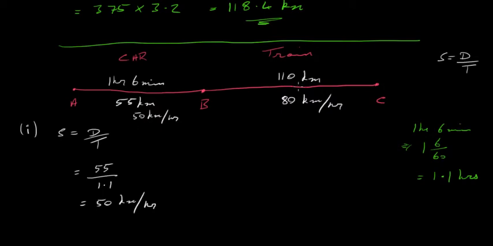So let's have a look here. What do we have here? We have distance and we have speed, so we can find the time. So we want to find time. Looking at our triangle again, time is just simply going to be distance over speed. So we have our distance here, it's 110 kilometers, and we have our speed as 80 kilometers per hour, so everything is okay there.